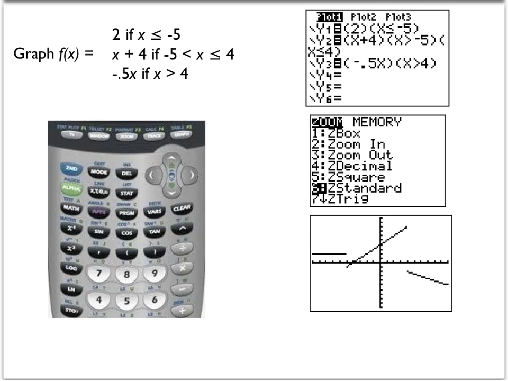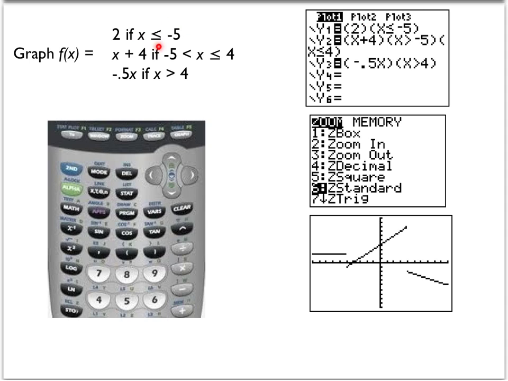Now here's how you do this on the calculator. And I'll try to point this out a little bit. So here's the keys of your calculator. Obviously you're going to go to your Y= key here. And notice how I entered these. The key thing to really watch out for is you need lots of parentheses. So when you're putting in the 2 there, you have to have the 2 in parentheses.